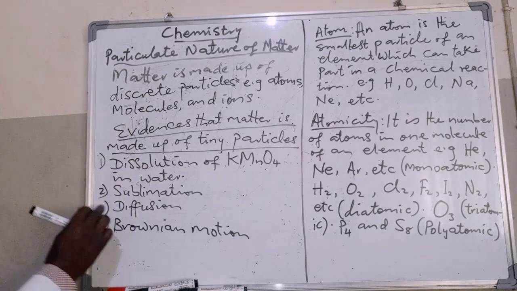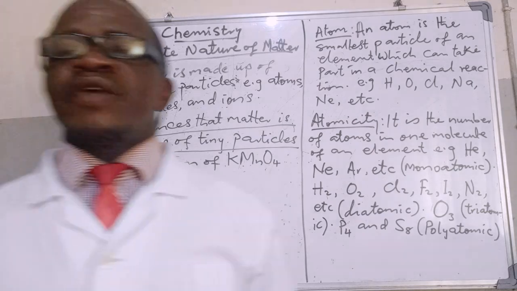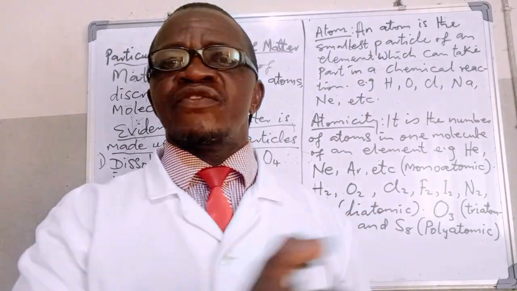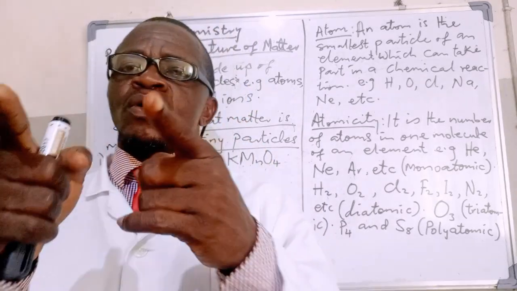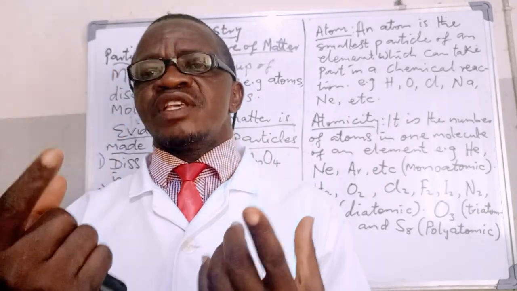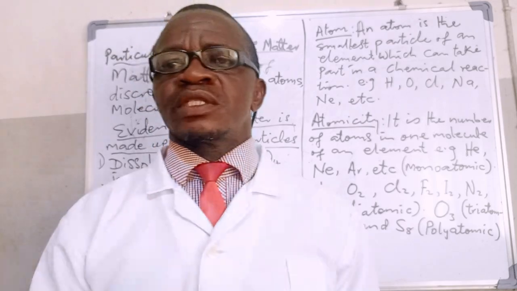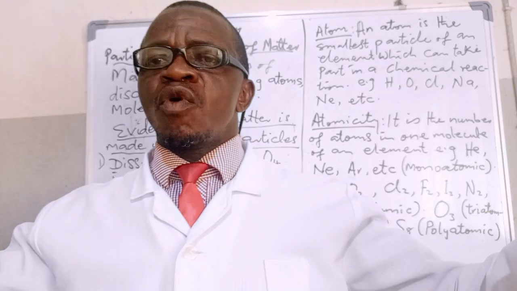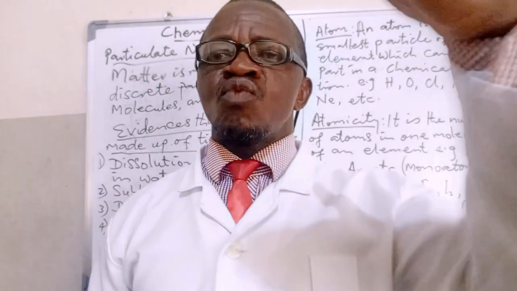Okay, now let's talk about diffusion. For example, if I bring perfume and spray it here, at that initial time, you who are standing a little bit far from me will not perceive the fragrance of the perfume that I sprayed. But with time, because it is tiny in nature, it will move in the air, fly in the air, from here to where you are.